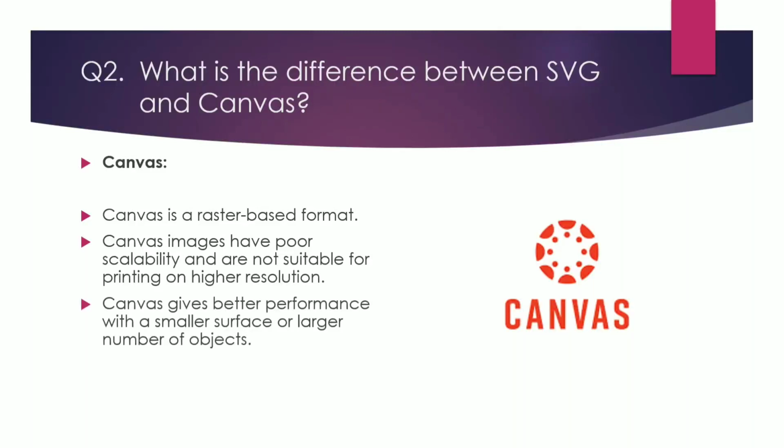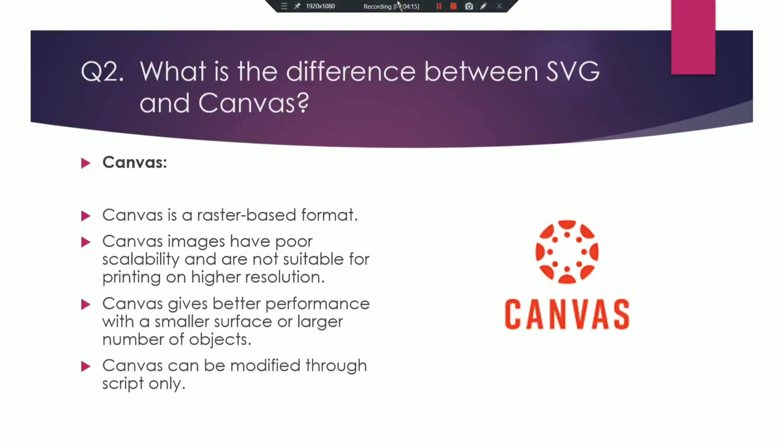Canvas gives better performance with a small surface or a large number of objects. And one of the main differences is Canvas can be modified through script only. In SVG, we have seen that it can be modified with both script and CSS.